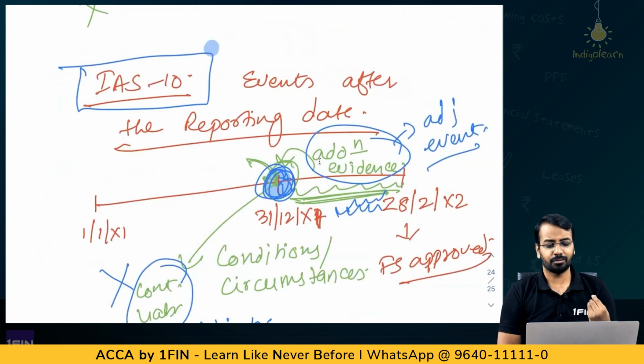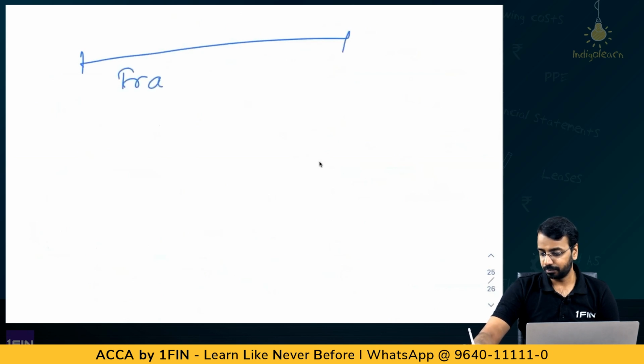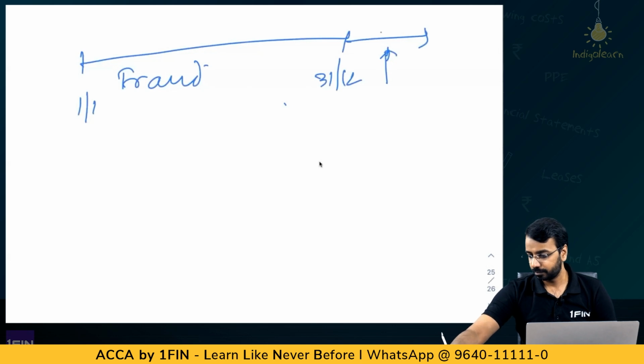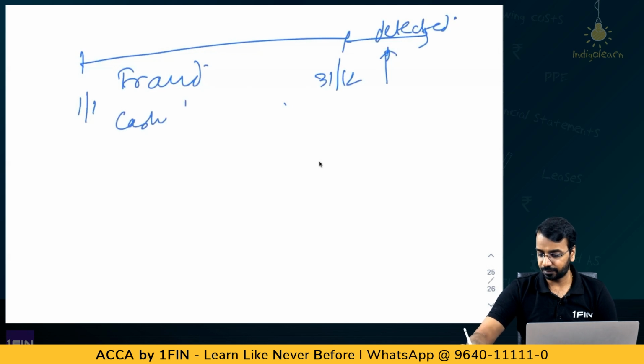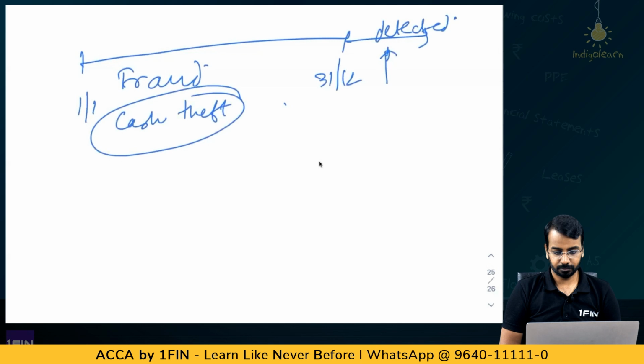Quite likely that you might get a question where you have to identify whether it is an adjusting event or a non-adjusting event. So, sometimes what happens is, in the financial period there is a fraud. From 1st of January till 31st of December, there is a fraud. This fraud is detected here after the reporting period. Is this an adjusting event? Let us say fraud, there is a cash theft. Is this an adjusting event? Yes, sir.